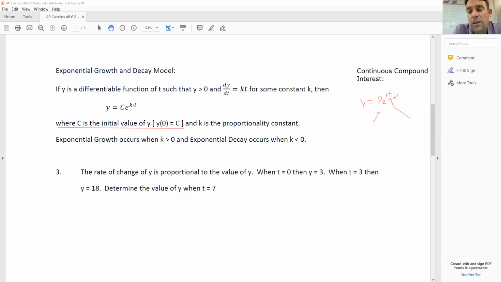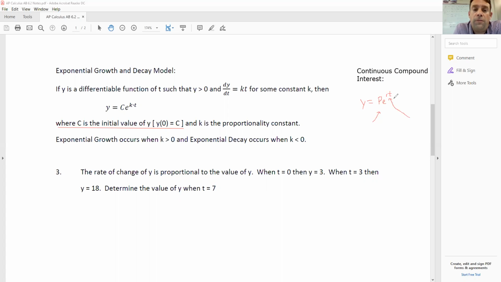So you've actually dealt with exponential growth and decay back when you dealt with compound interest, when it was compounded continuously. Now, what we find out with this exponential growth and decay model is that anything that grows exponentially or decays exponentially will follow this model.